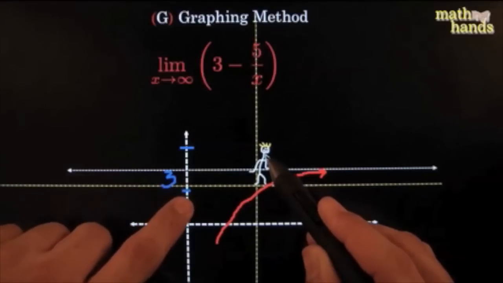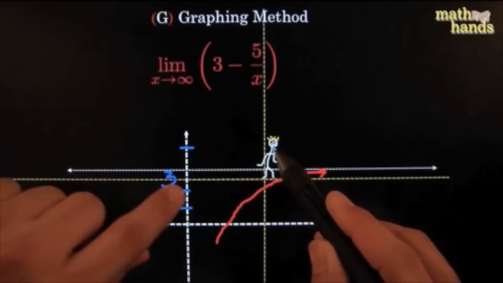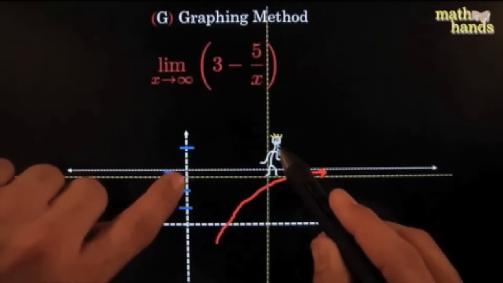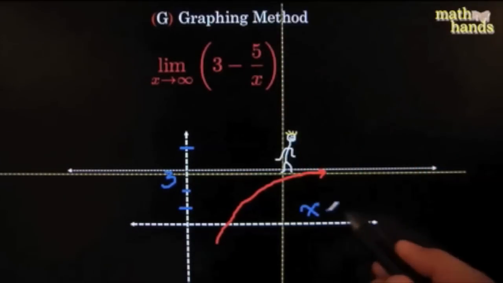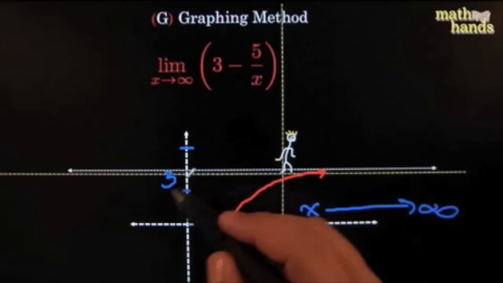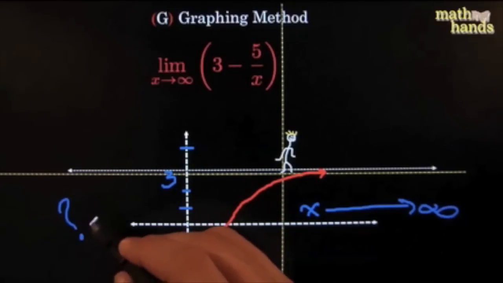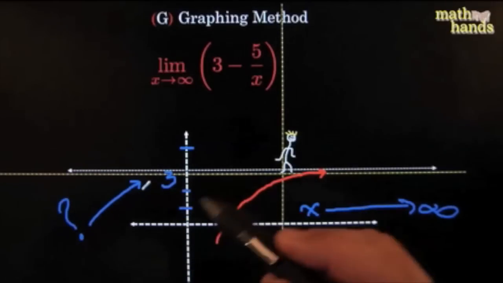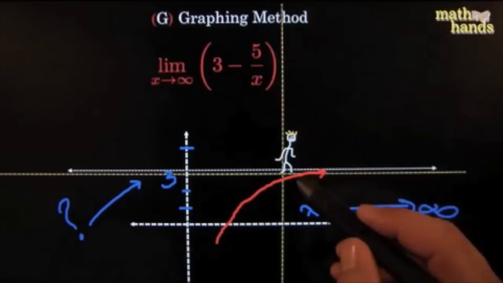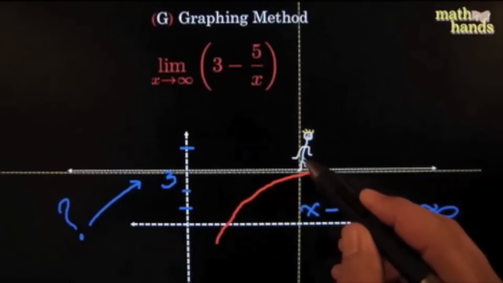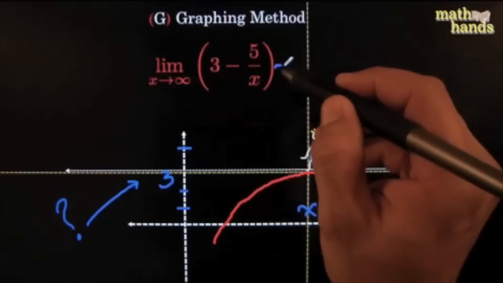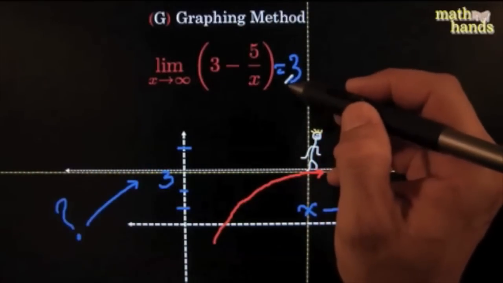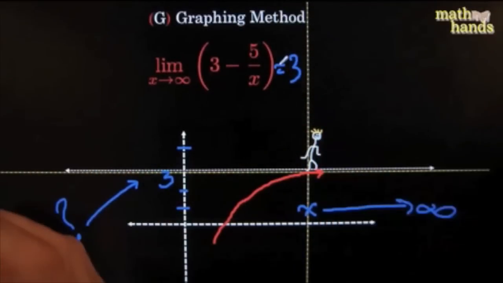Look at the y value. This is what you're trying to predict, the y value as the x's move towards infinity. And you don't have to think that much here. You've got a horizontal asymptote. The best prediction for the y value is 3.